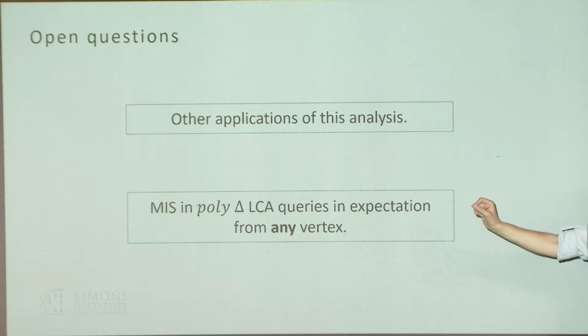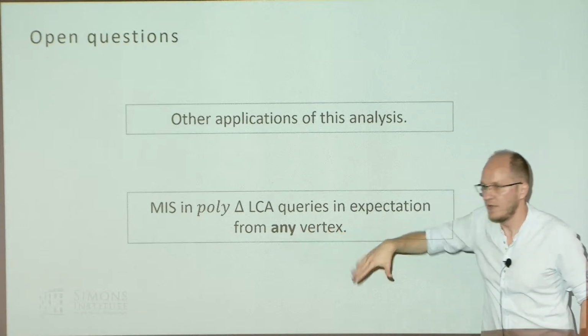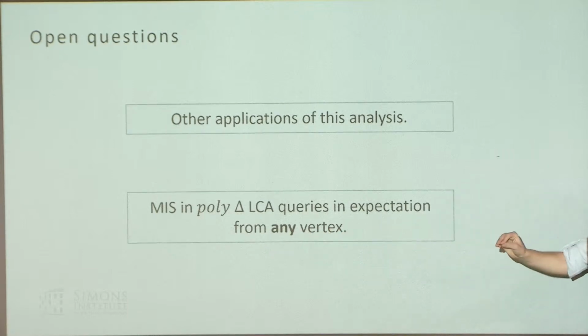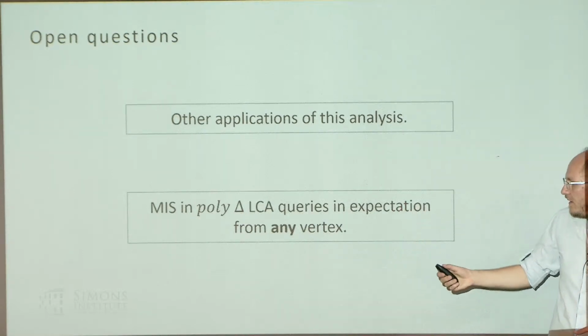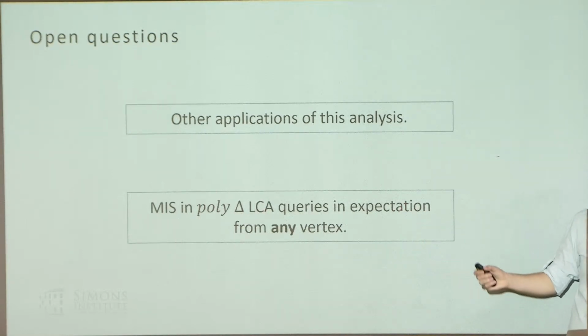Because what you've seen is true for a vertex on average, right? So from my understanding, this is not known, and I think it's really a nice question. Here, there is no dependence on n. Just to make it clear, we know poly delta times log n, but we don't know if we can remove the dependence on log n. And that would be all from me. Thank you.